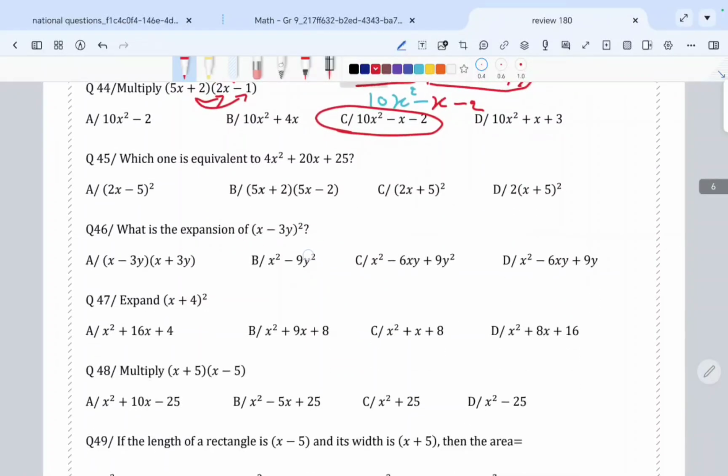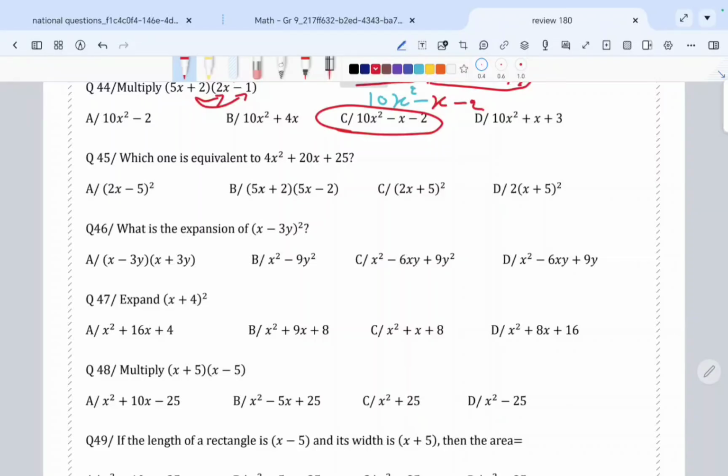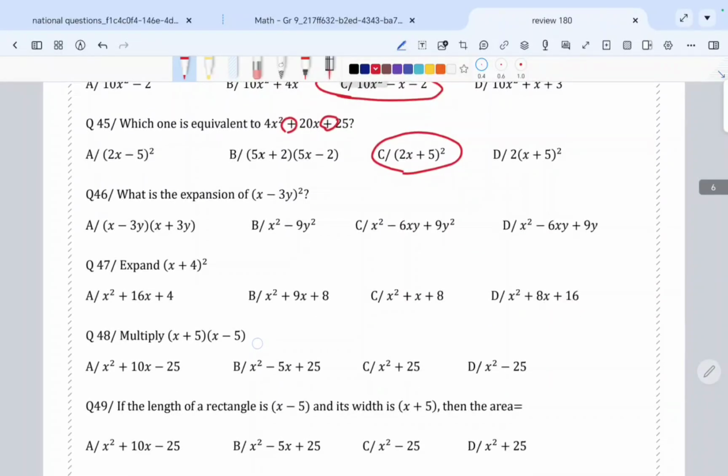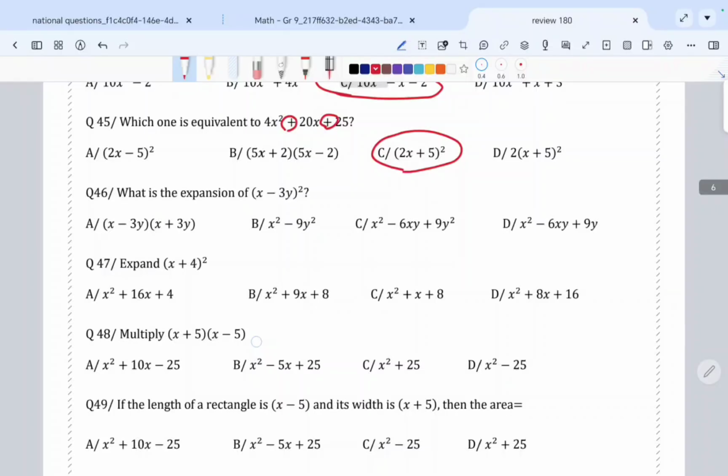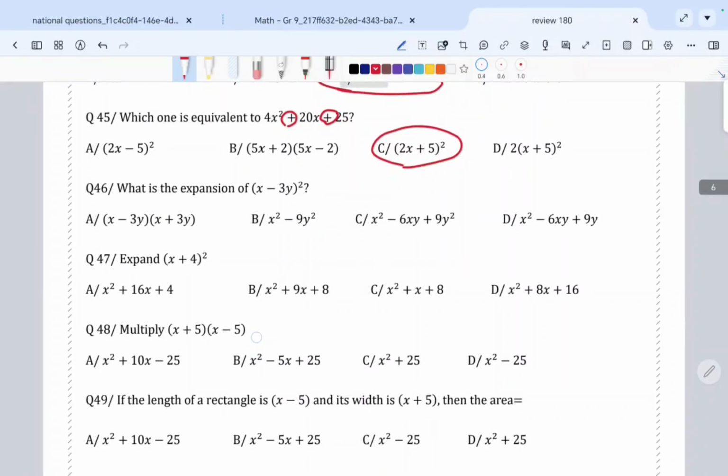Question 45. Which one is equivalent to 4x power 2 plus 20x plus 25? Both of them are positive, so C is the correct answer. What's the expansion of x minus 3y power 2?